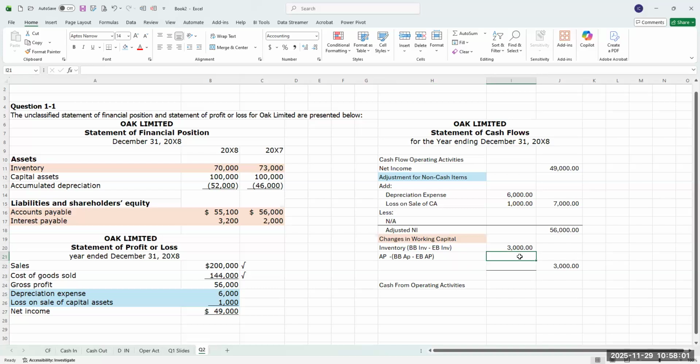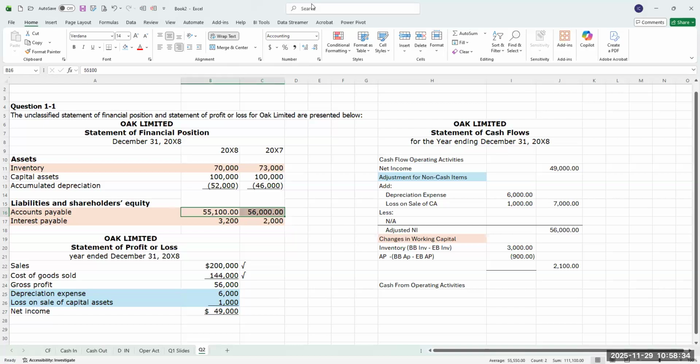So let's see what that will be. Again, equal to minus bracket beginning balance minus ending balance, close the bracket. In this case, it doesn't show me the value because I probably have to put here 55,100 and here 56,000, that's gonna solve my problem.